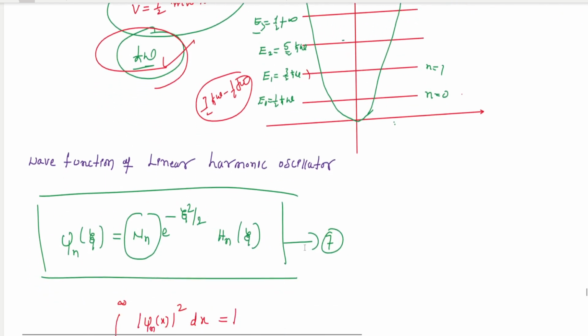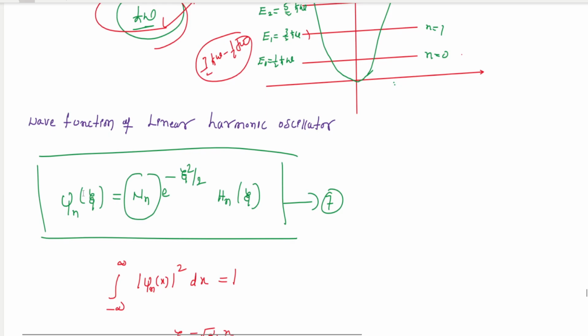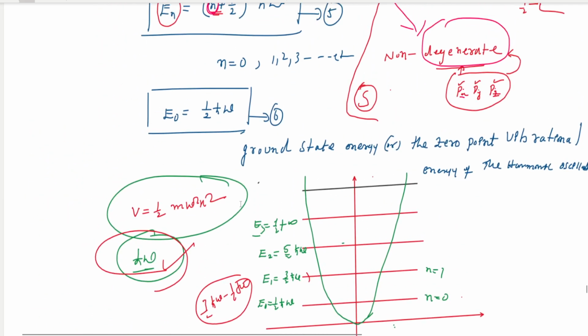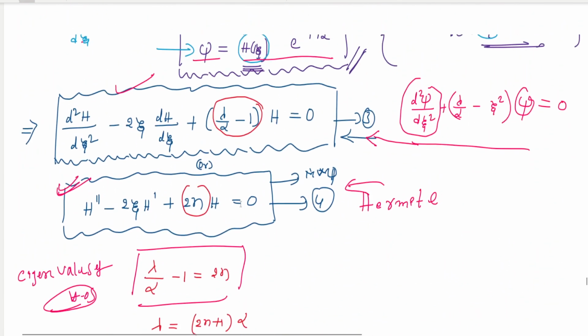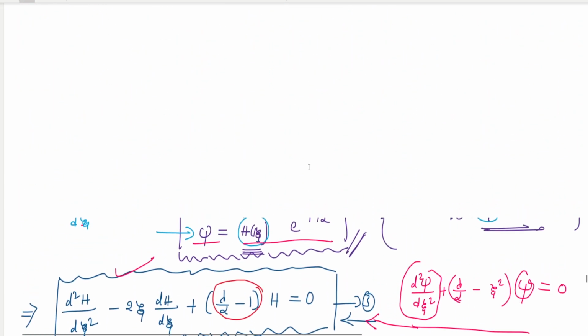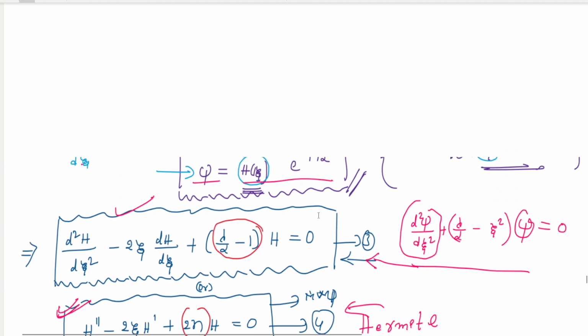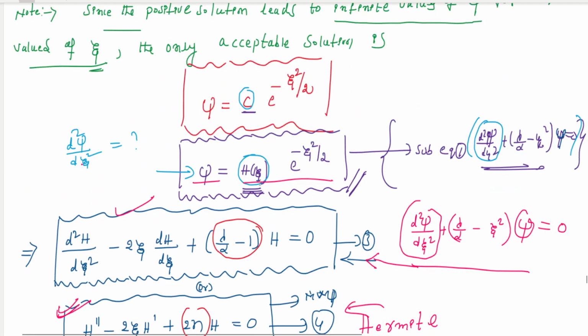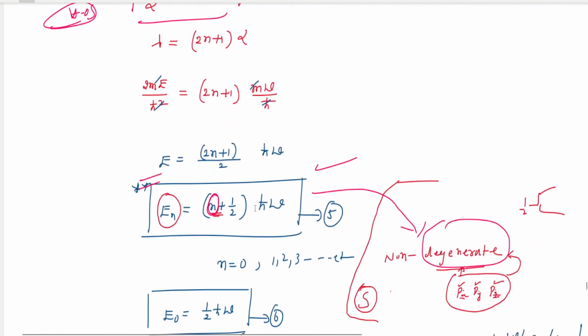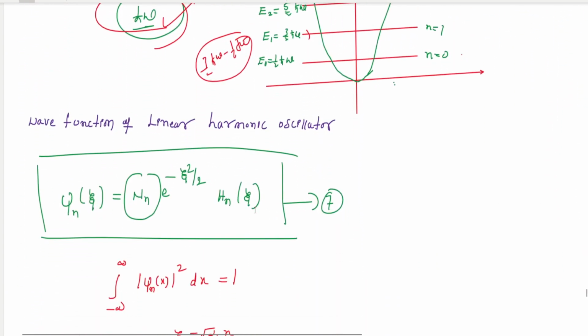So these are the wave functions of a harmonic oscillator. We already know one equation, right? We got one equation solution. See here, a similar equation is there. Instead of n, I am using one function, the normalization function.